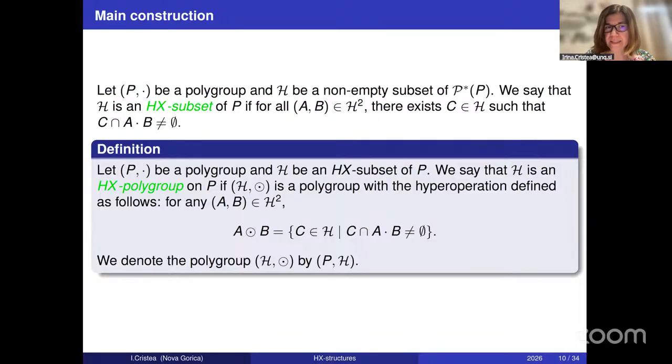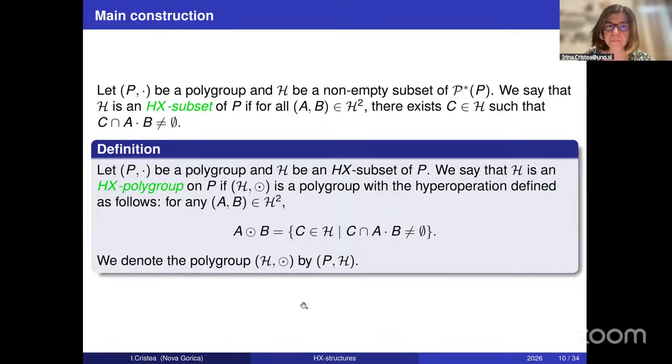I say that this is a tentative study because it was not concluded. We left the article with some open problems. Still, we are working on them, but we couldn't find the answers.